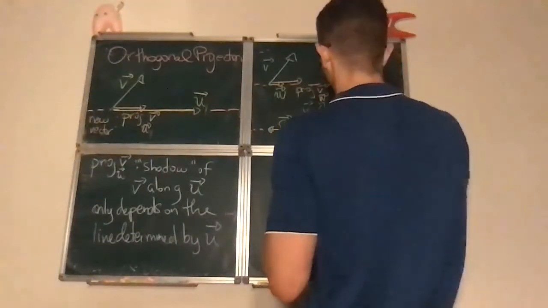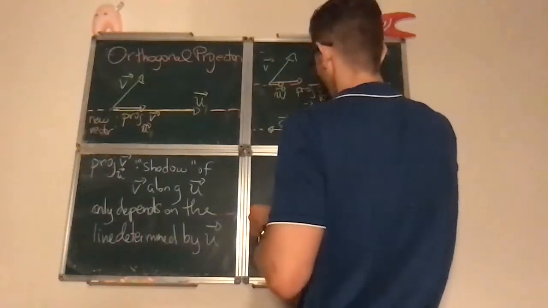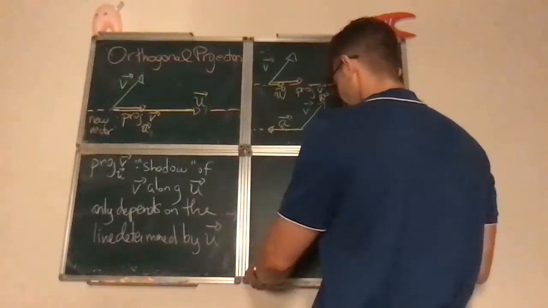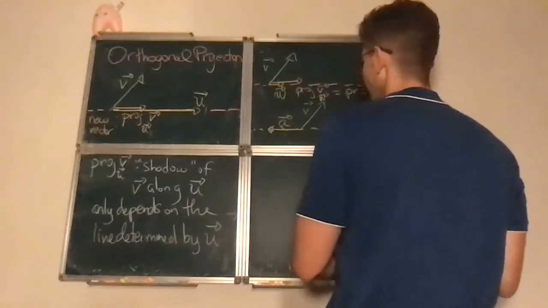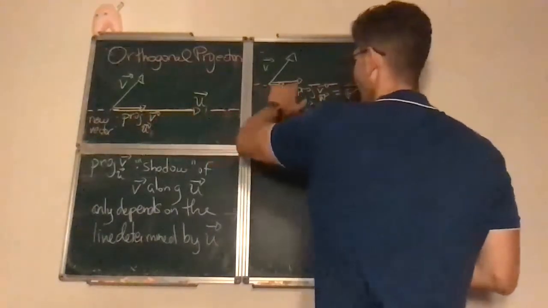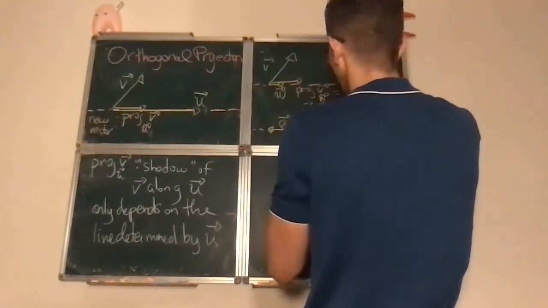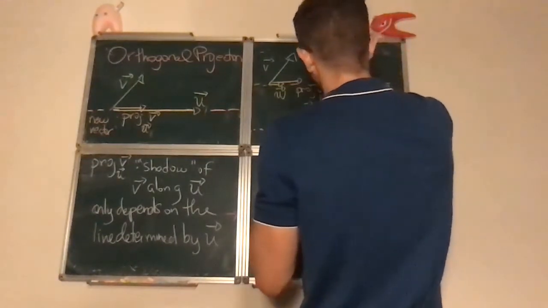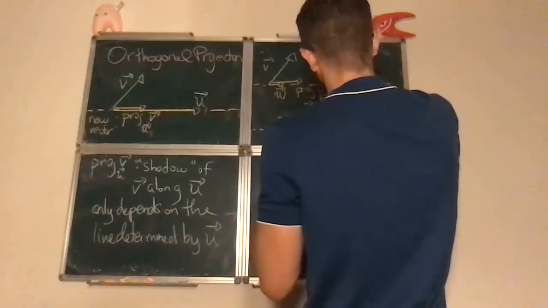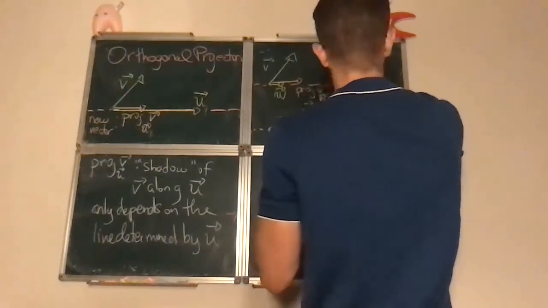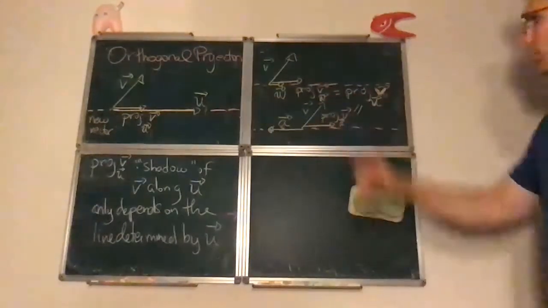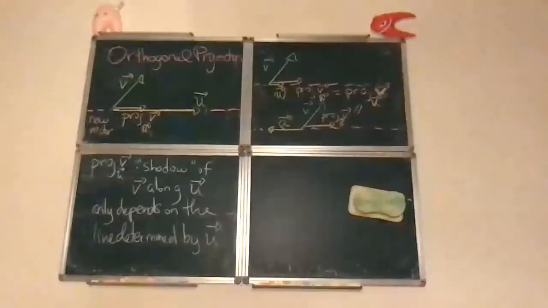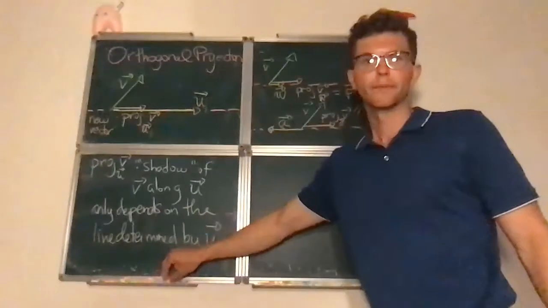In this case, again, this vector a determines the same line as v and w, and hence the orthogonal projection, which is the shadow, continues to be the same. So that's what I mean by saying that the projection only depends on the line.